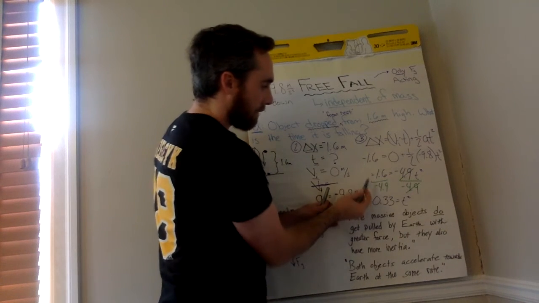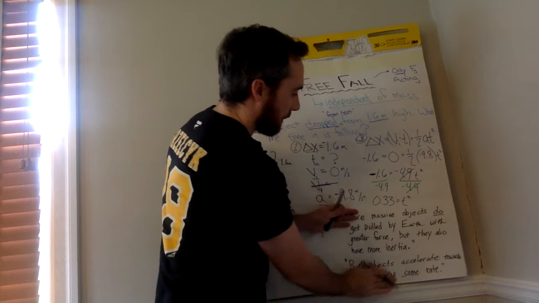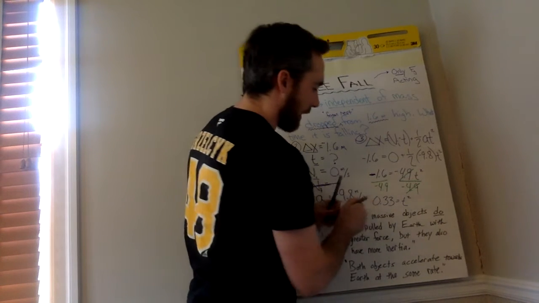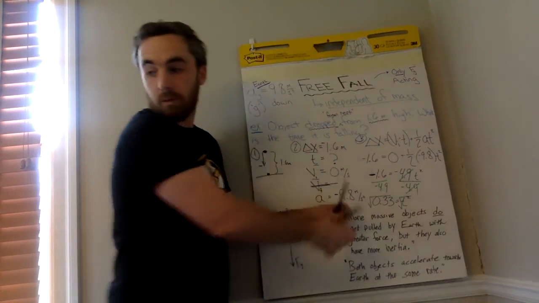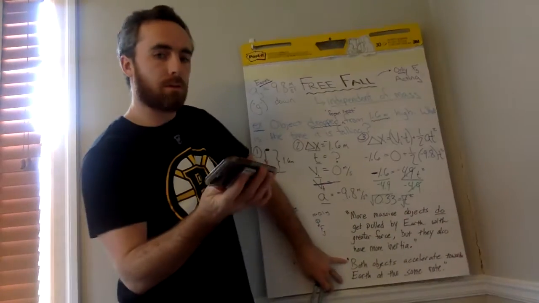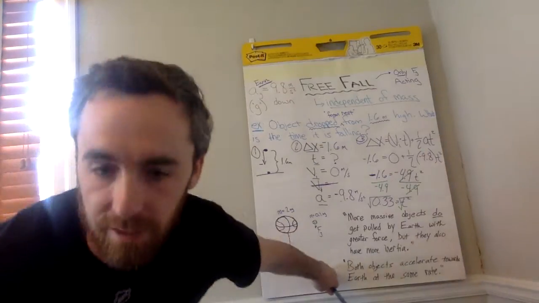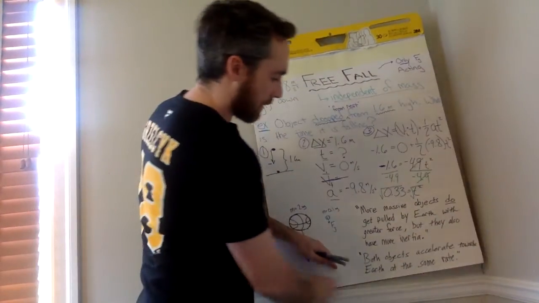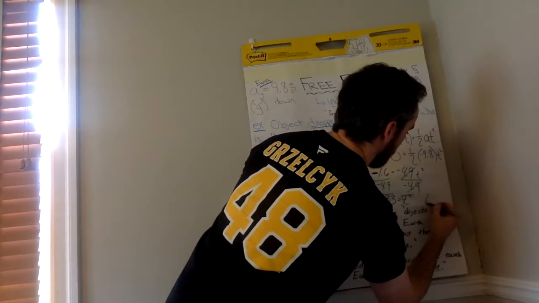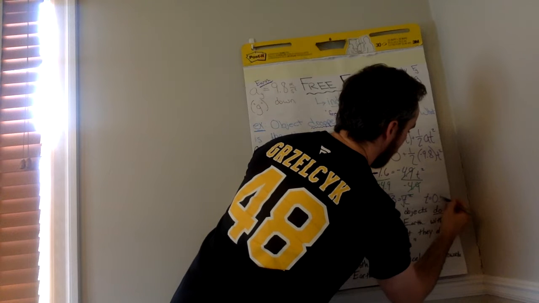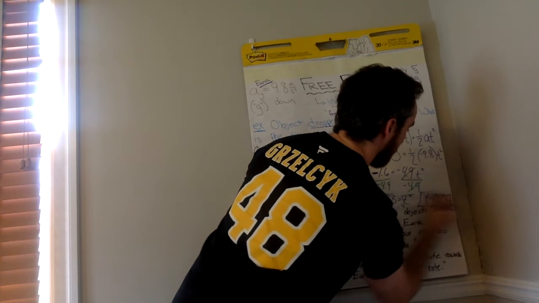Negative divided by a negative gives us a positive. The last step is to take the square root of both sides. So the square root of 0.33 is 0.57. So we get t equals 0.57 seconds. We need the unit there.